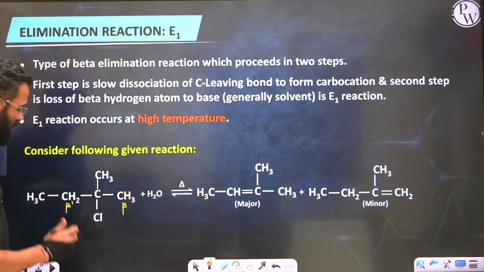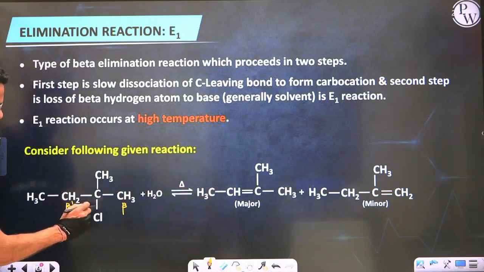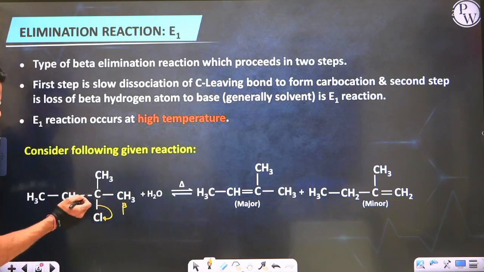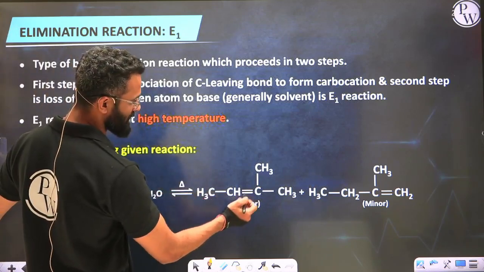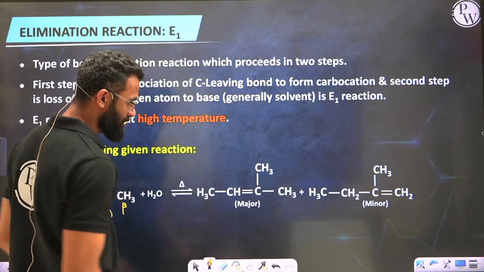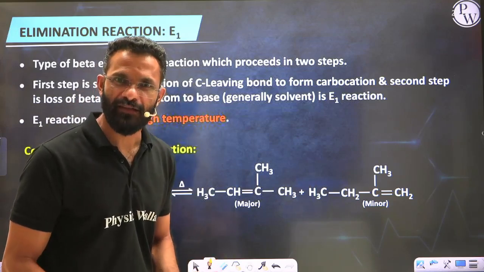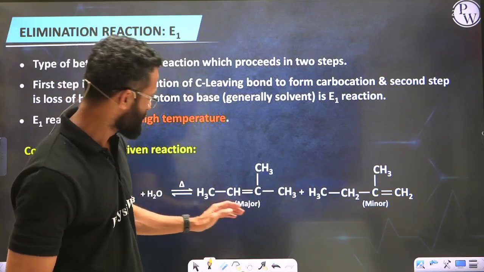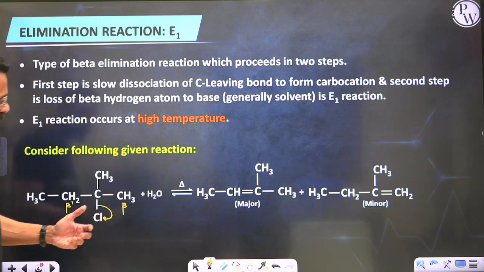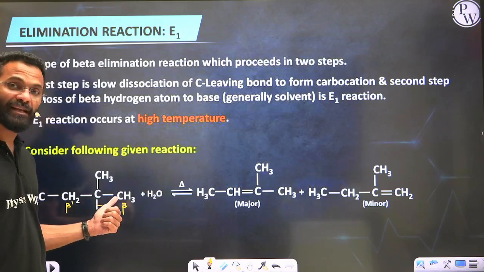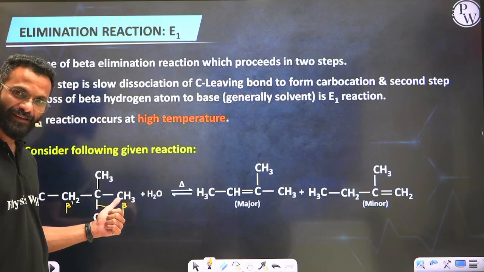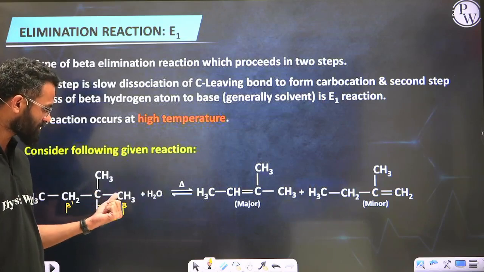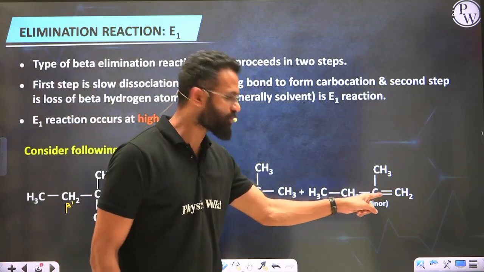Imagine hydrogen is abstracted from the beta dash carbon and the halogen is lost from the alpha carbon. We will get a double bond forming over here, resulting in the product 2-methyl-2-butene. Well students, we aren't learning the mechanism yet, we are just trying to understand the simple reaction, so I'm directly considering the product. Similarly, if loss of beta hydrogen takes place from this less substituted beta carbon atom, then the double bond formation will take place between the first and second carbon, which is right over here.